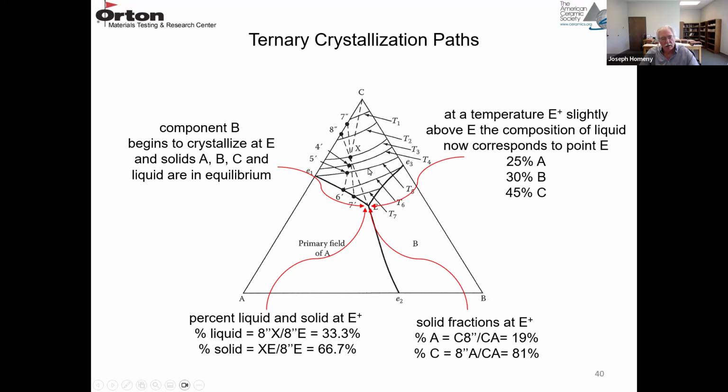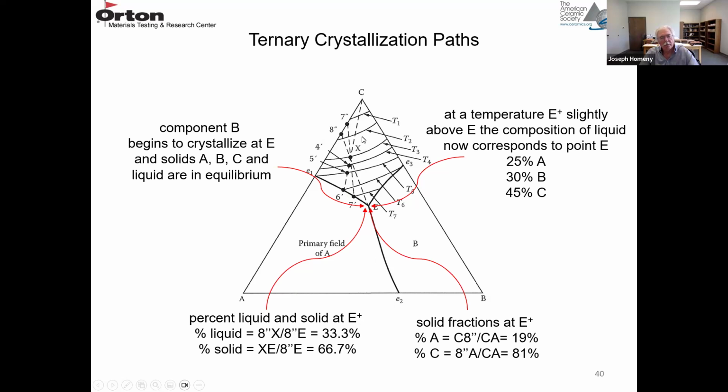And then the percent solid is X E over the entire length, that's 8 double prime E, or about 66%. And if we wanted to see the percentages of A and C solid at that point, we have to go back to this side of the phase diagram, AC.